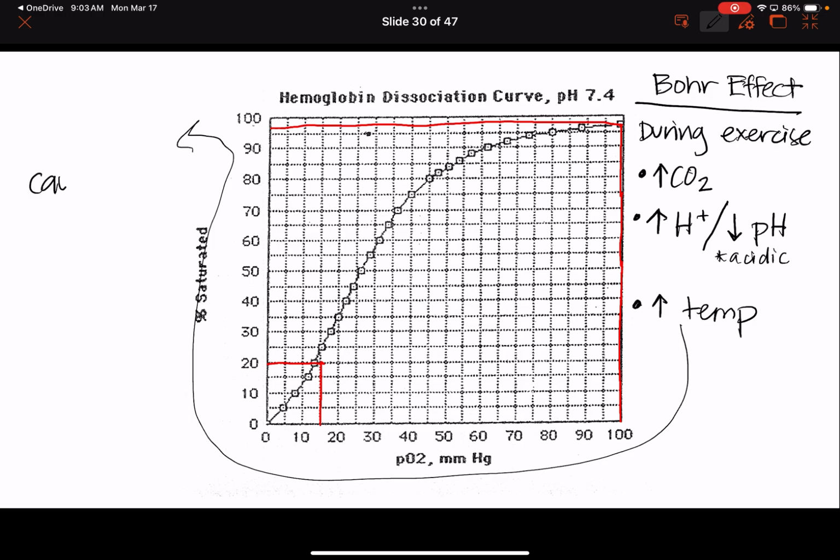What this does is cause hemoglobin and oxygen affinity to decrease.